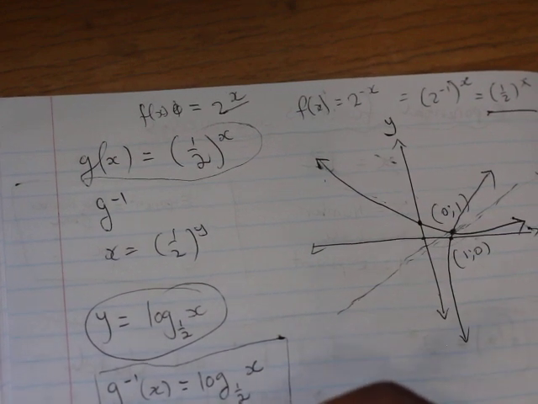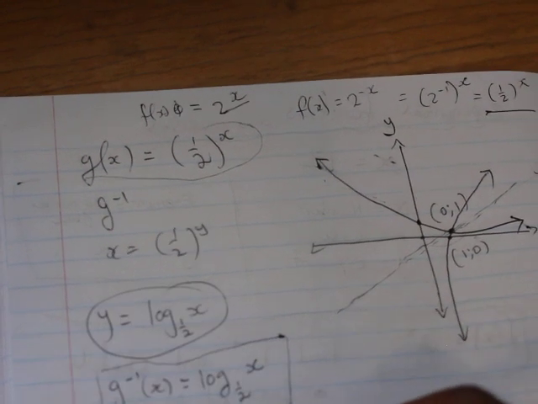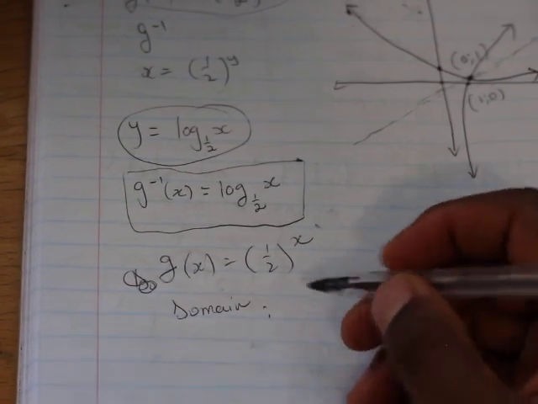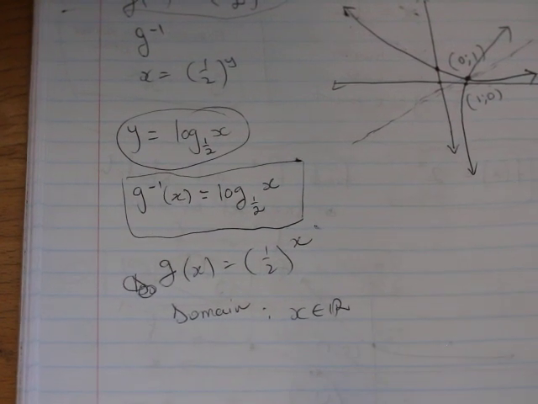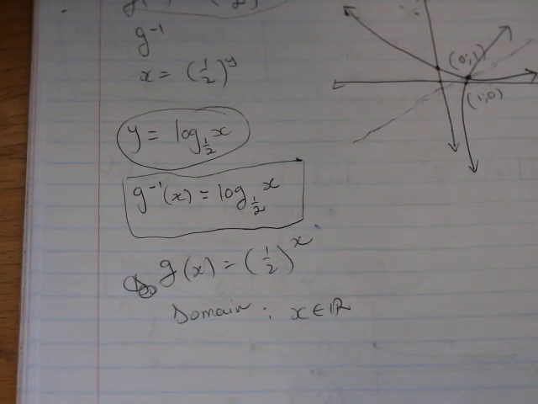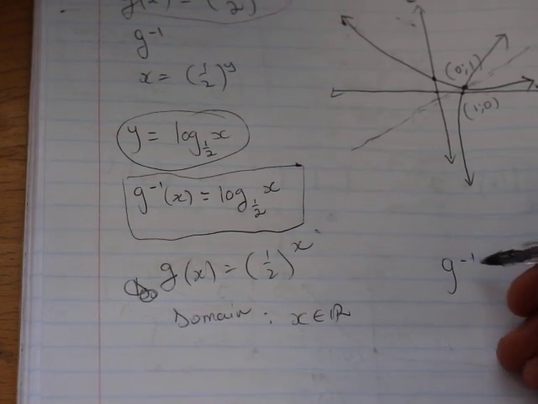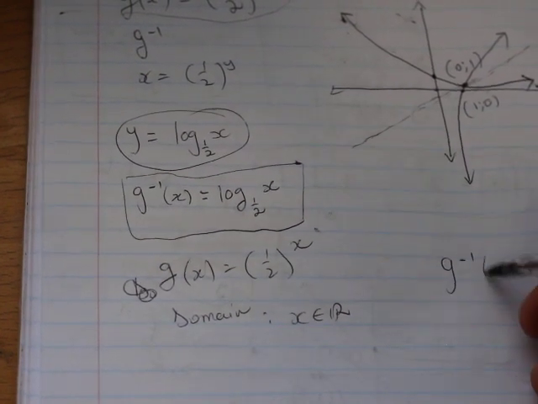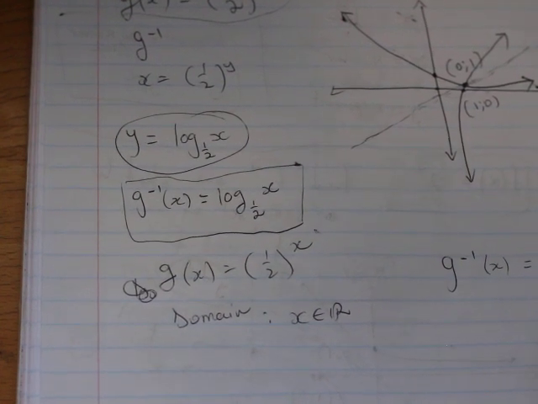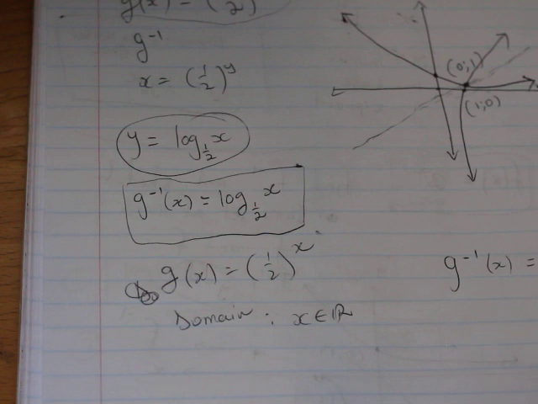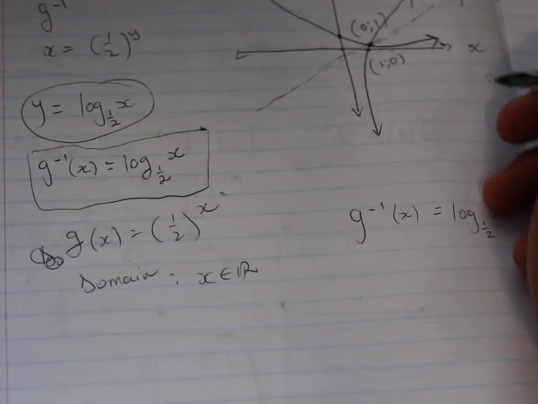So the domain is just going to be what? I hope you said x is an element of real numbers, because it goes forever to the left and forever to the right. And you can already predict the range for the logarithm of x at base 1 over 2.